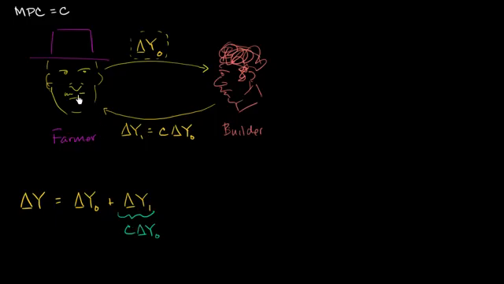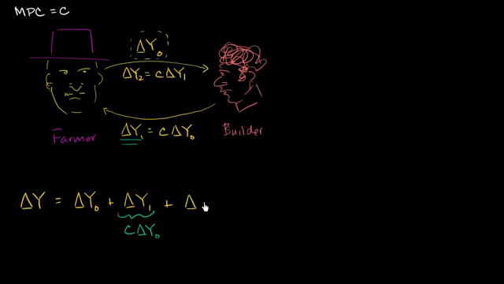Now this guy, above and beyond what he spent in that 0th iteration, is now getting delta Y1. He has a marginal propensity to consume, we're assuming, of C. So now he's going to spend C times that. He's now going to make an expenditure of delta Y2, which is equal to C times delta Y1.